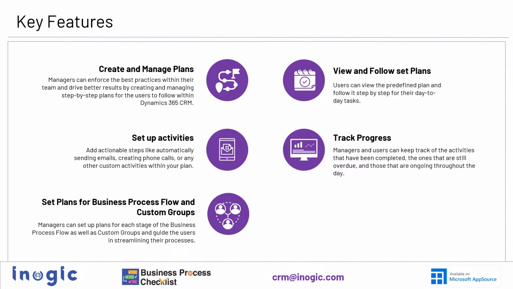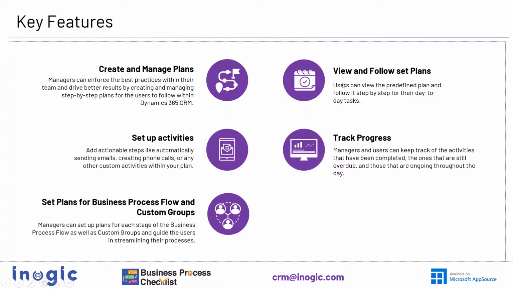Not only that, but both the managers and the users can track the progress of their activities throughout the day. This means they can stay updated on completed tasks, overdue tasks, and even ongoing activities, enabling better visibility and accountability.